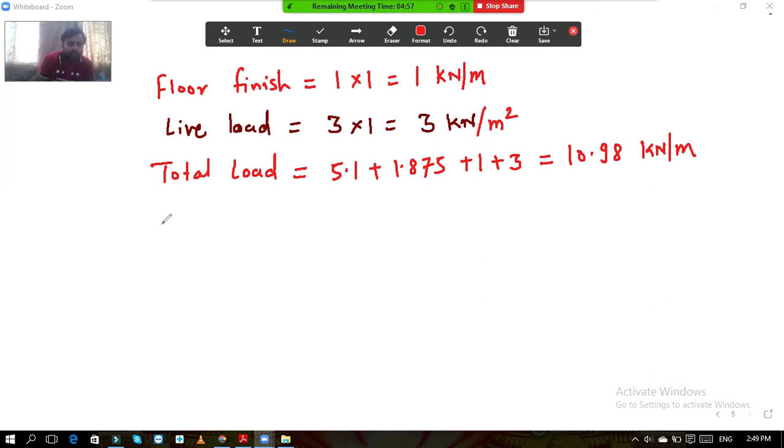So now calculate factored load. Next thing is factored load.